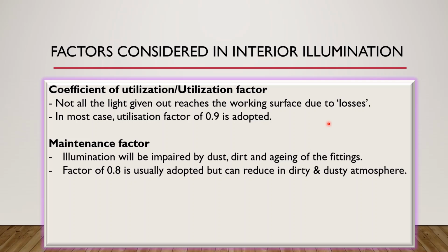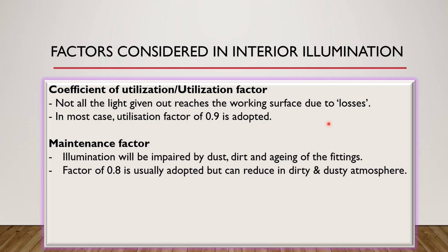And from time to time you need to clean your bulb, clean your light source. So there is always a factor considered to take this into account, and it's usually 0.8. But it can be less if the atmosphere is dirty and dusty.